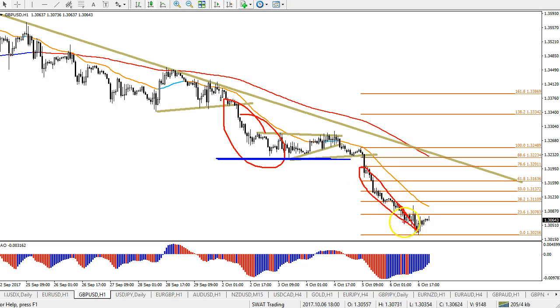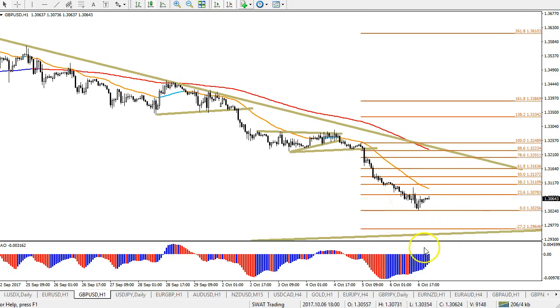So what I'm expecting is at least one more lower low, after price makes some kind of correction like this, some bull flag, a correction up to the 38.2 fib, the 50, or even the 23.6 fib. And it should turn and make at least one lower low, because we don't have any divergence. We don't have any resemblance of a potential stop of this bearish momentum.